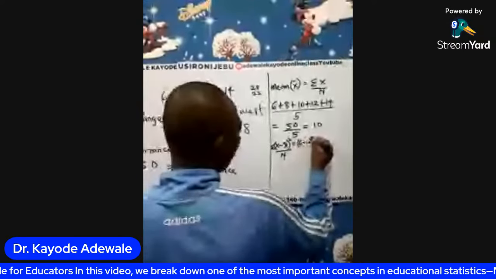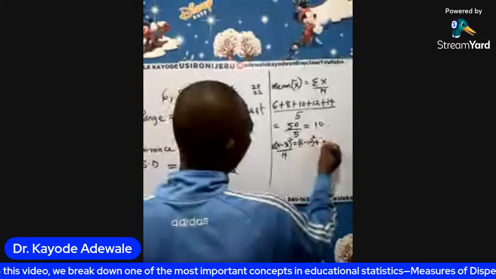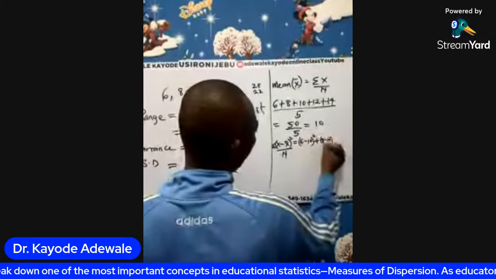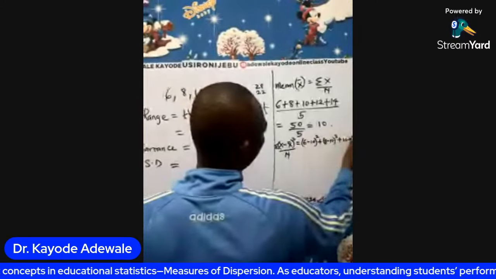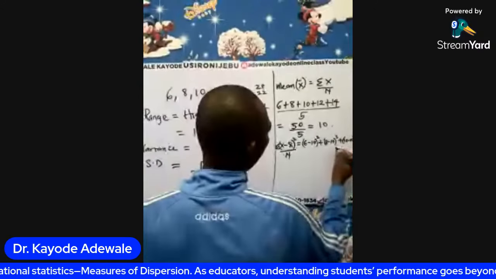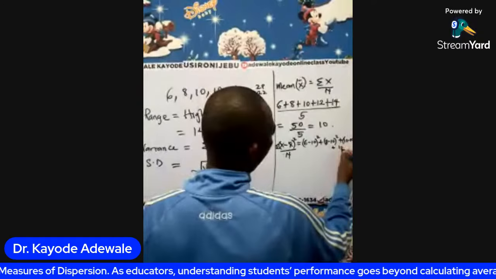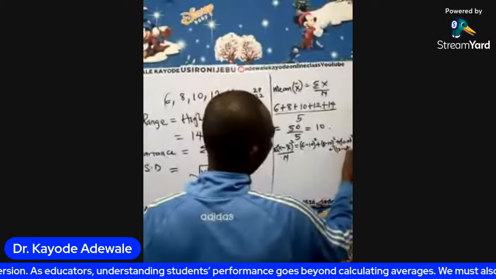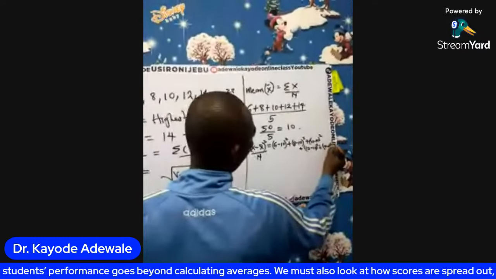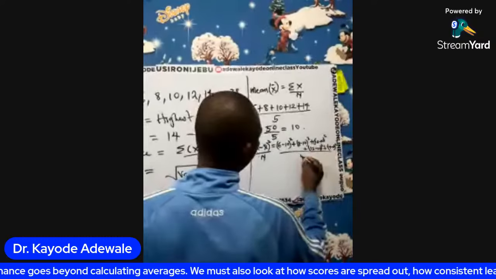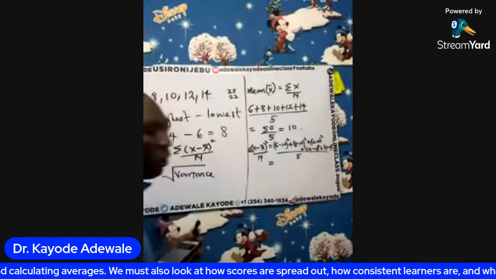So (6 minus 10) squared plus (8 minus 10) squared plus (10 minus 10) squared plus (12 minus 10) squared plus (14 minus 10) squared. Everything divided by 5.